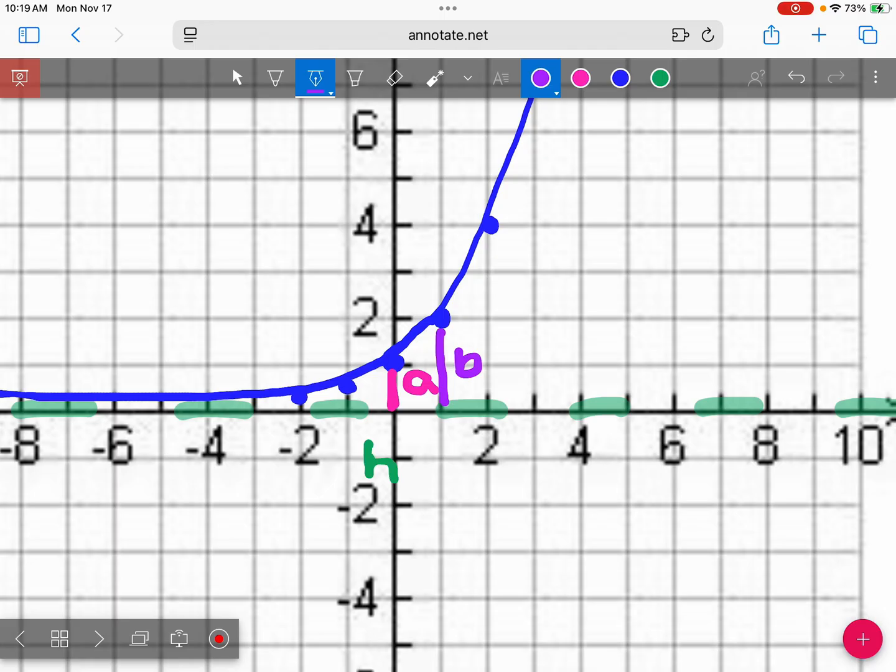Not a huge thing, but if you are one of those people that doesn't like to fill in the whole table, h tells us where this is going to happen. So our h is 0. We go up a. Our a is 1 here. To get to 1, 1 times 2 gives me 2 for the next one. So it's an option for how to do that. That is not something you have to do. But if you're one of those people that are like, I hate having to draw out the full table, it's an option for how to do that.